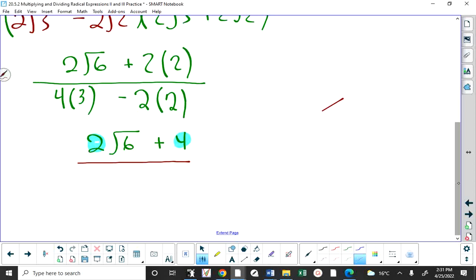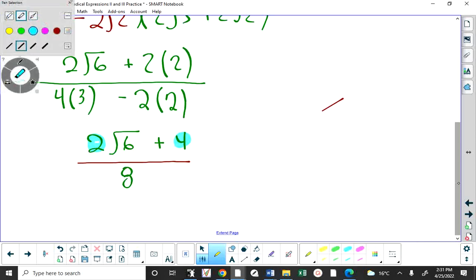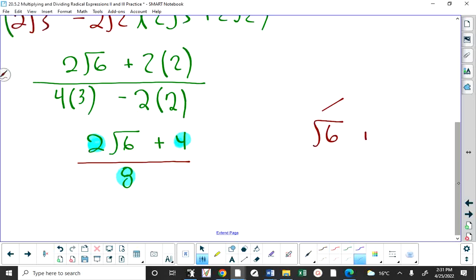And it is even. So I can divide all of those coefficients that I've highlighted by the same number, which is 2. 2 root 6 over 2 is root 6. 4 over 2 is 2. 8 over 2 is 4. So that's our answer.